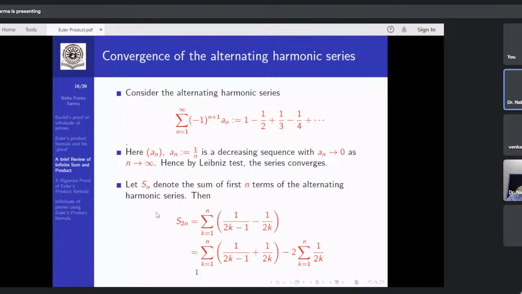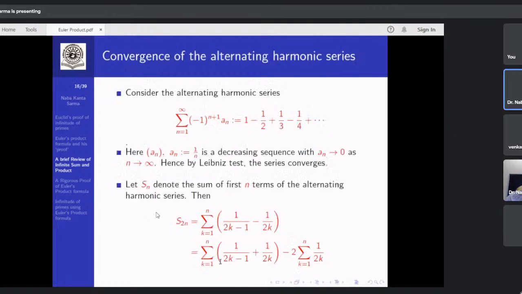Now if we rearrange this slightly, if we make it plus here and then subtract 2 times it, it will remain an equality because it is a finite sum. Any manipulation in a finite sum is very much okay.